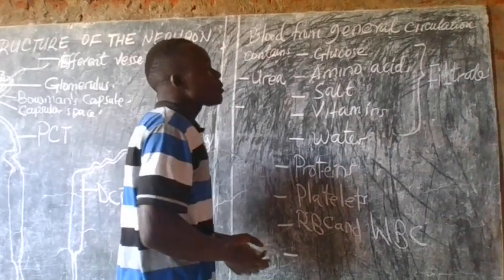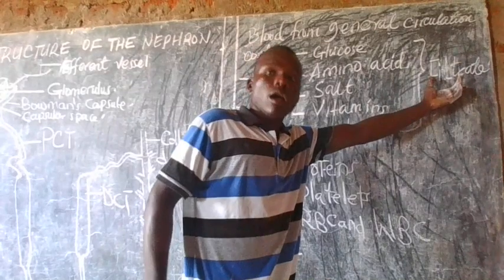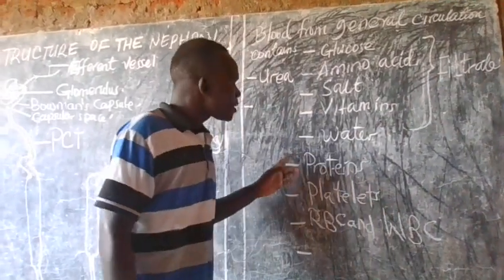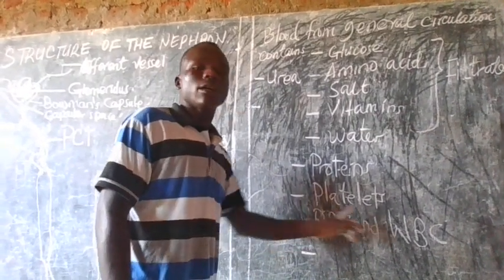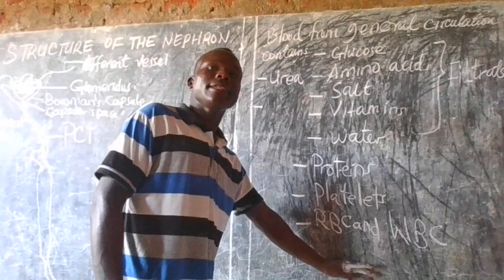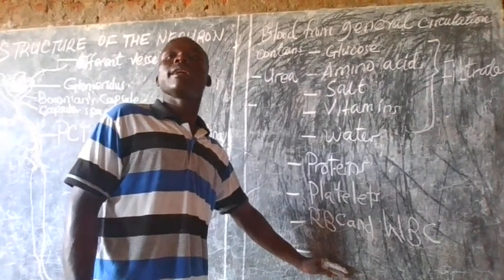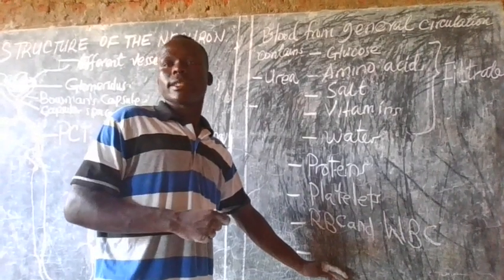Therefore, they are able to pass through the wall of the glomerulus and form the glomerular filtrate. Meanwhile, large molecules like proteins, platelets, red blood cells, and white blood cells are retained by the wall of the glomerulus because they are too large and cannot pass through its narrow walls.